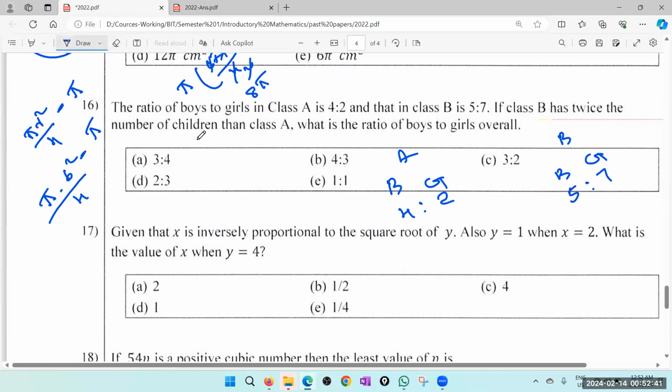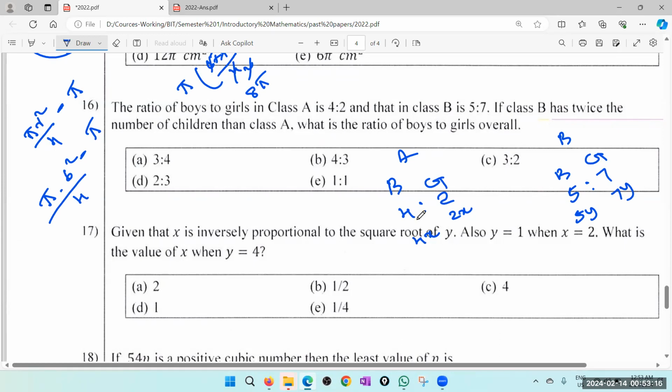So then what is the ratio of boys to girls overall? If this is 2x, this is 4x. And if this is, say, 5y, this is 7y. So now I want to find the overall.